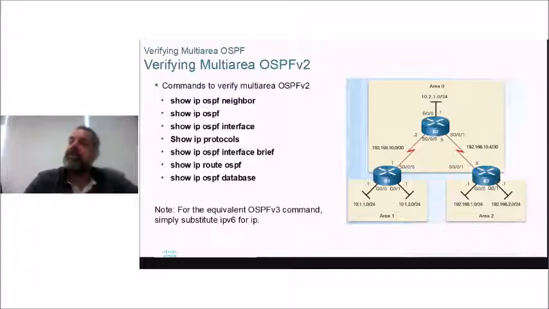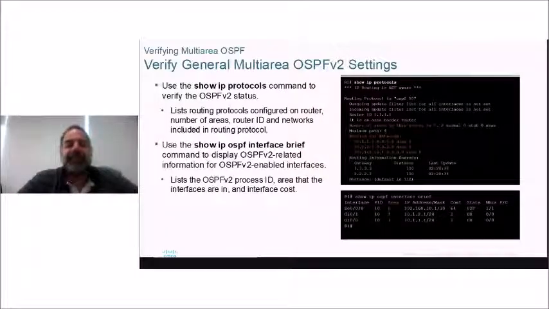So, all right, what is going wrong? And so, normally, how have I screwed up? And so, of course, show IP protocols will give you the information, and it actually shows you which networks are in which area. It also tells you the number of areas, and so we've got 2 normal areas.